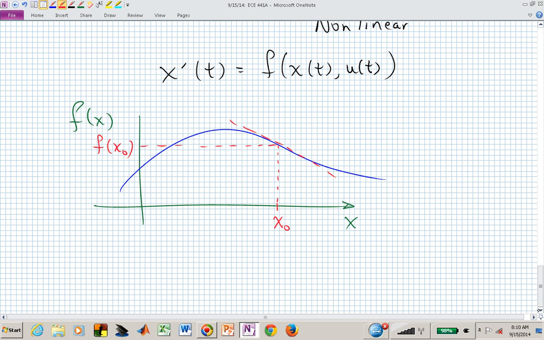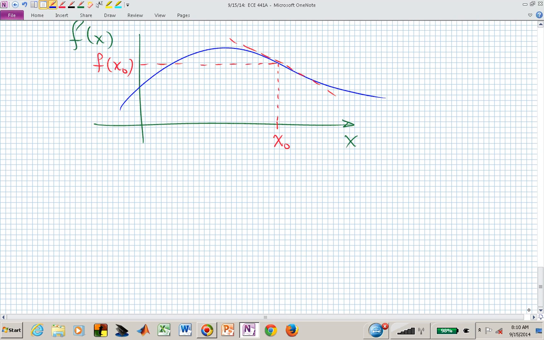Now, how can we formalize that? We go back and we look at some of our math techniques and we say, oh, a Taylor series allows us to start finding things in terms of a linear term, an x squared term, an x cubed term.